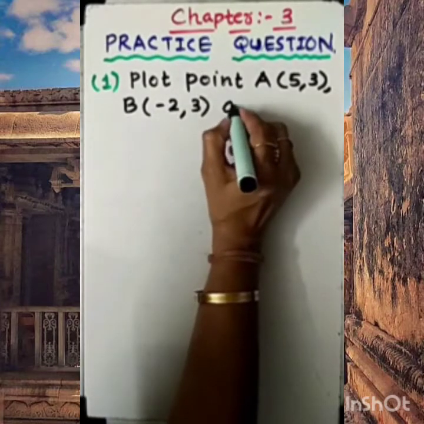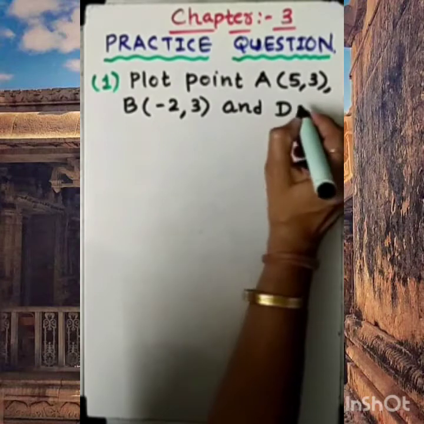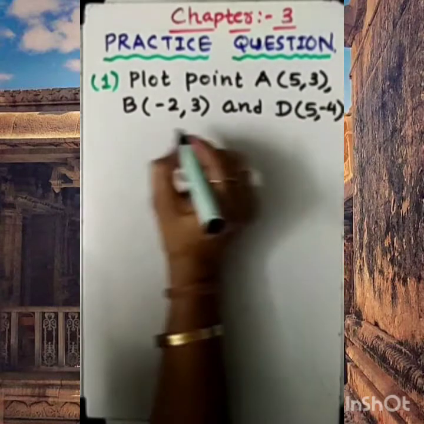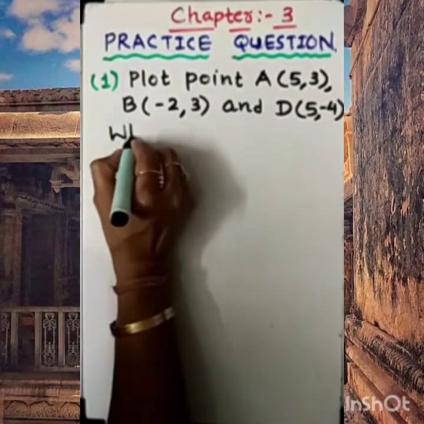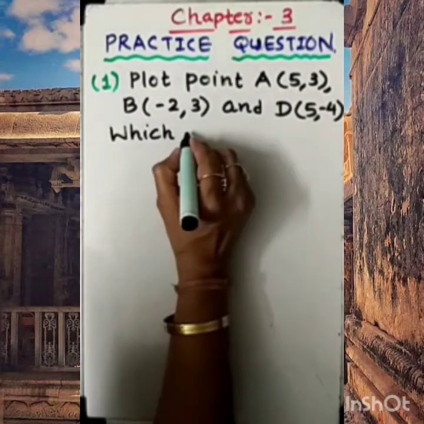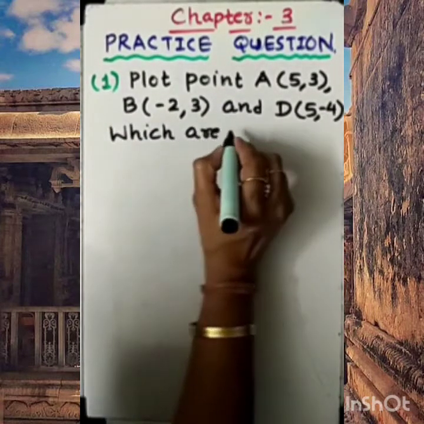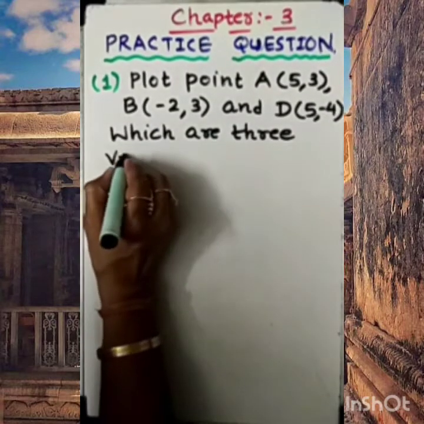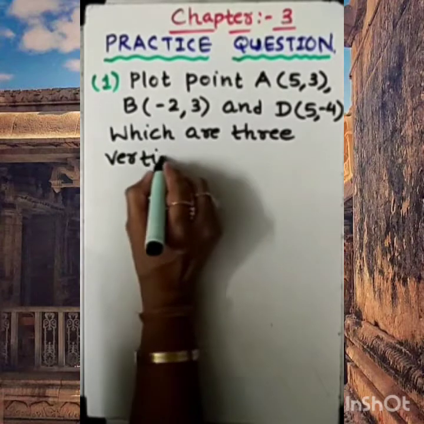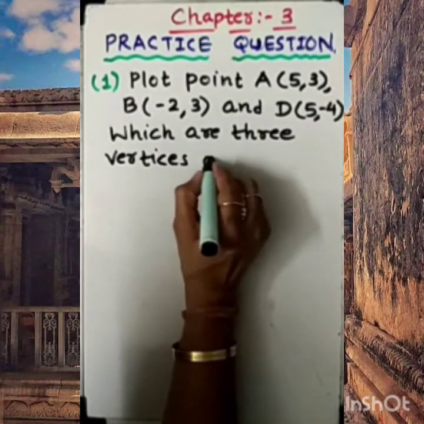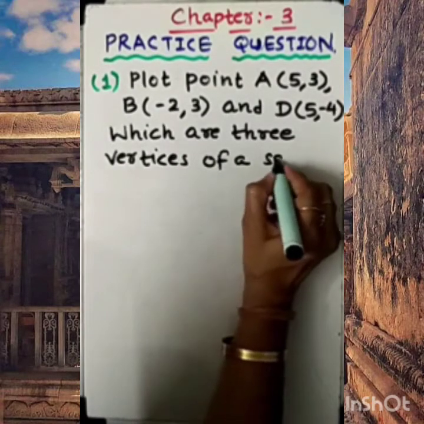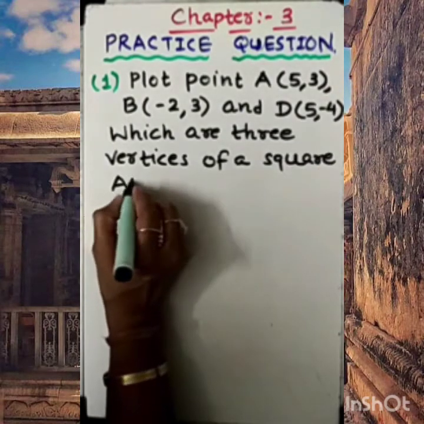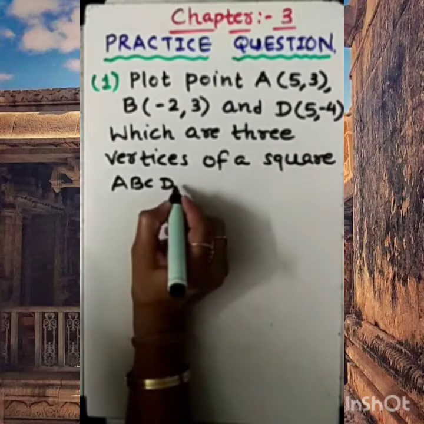And D point (5, -4). These are the three vertices of a square ABCD.